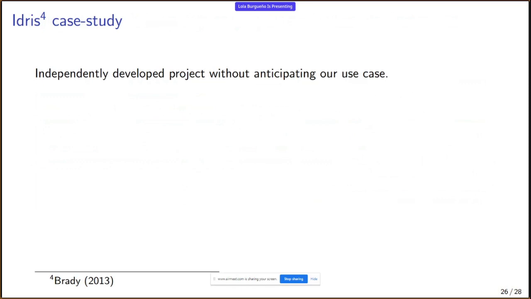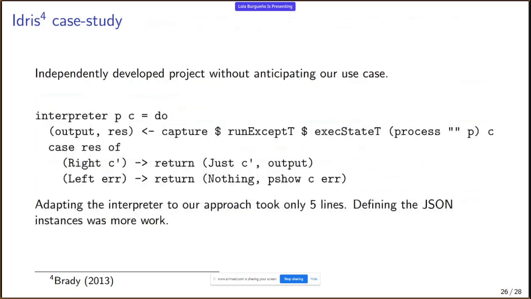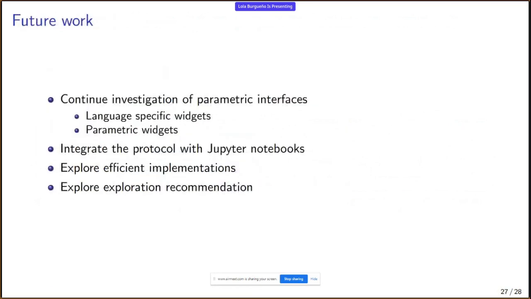And eventually, it took us around 5 lines to transform the Idris interpreter into an interpreter as we expected. So most work went into defining the JSON instances to transform Idris configurations into JSON instances. So to actually modify the Idris interpreter to our approach was interestingly not that much work.